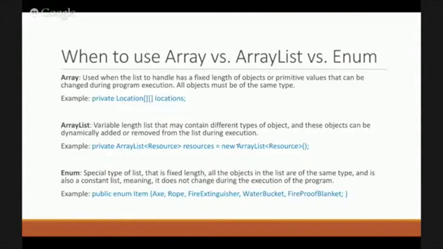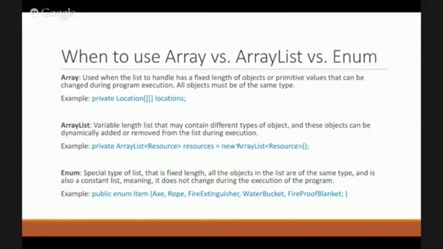Enums are a special type of list. They have a fixed length. All the objects in the list are of the same type, and they don't change. They're constant. In the example that I use here, we're creating an enum called Item that has the elements between brackets.